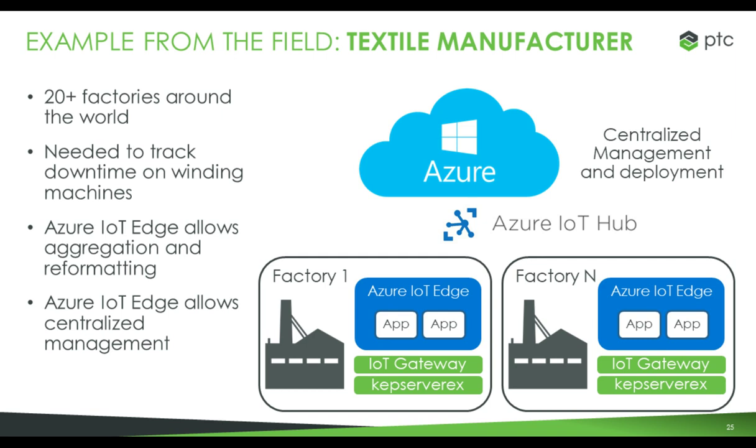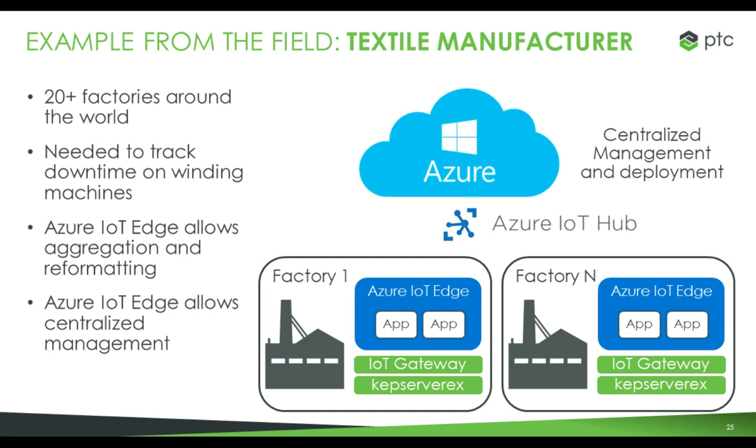So to quickly give an example of a manufacturer who's working with Azure IoT Edge. This is a textile manufacturer. I can't give the name specifically, but they're working with both Microsoft and PTC to connect multiple factories around the world. I will give one caveat that they're still in the exploratory or pre-implementation phases of this type of architecture.